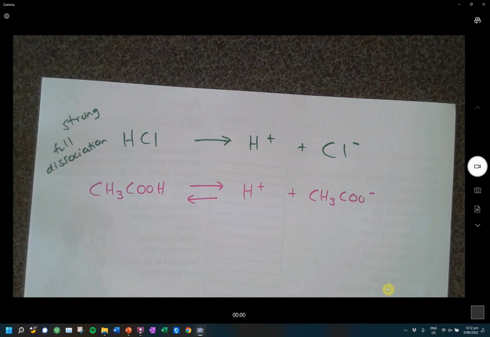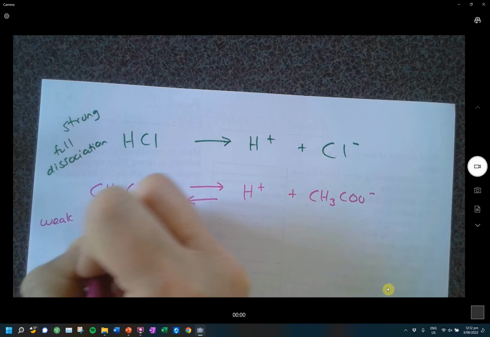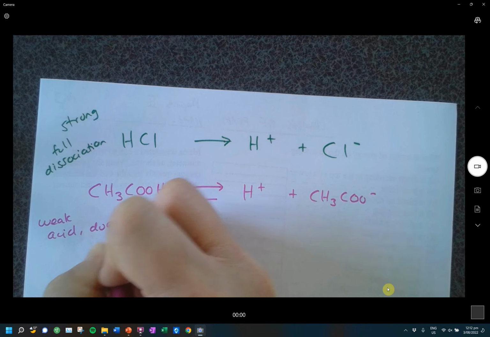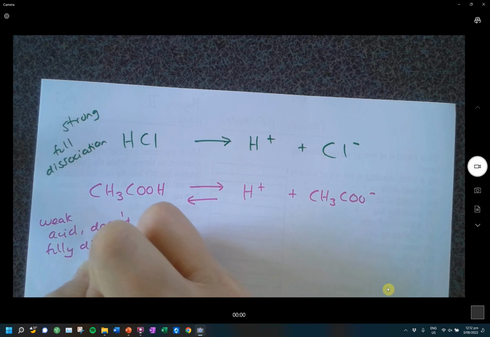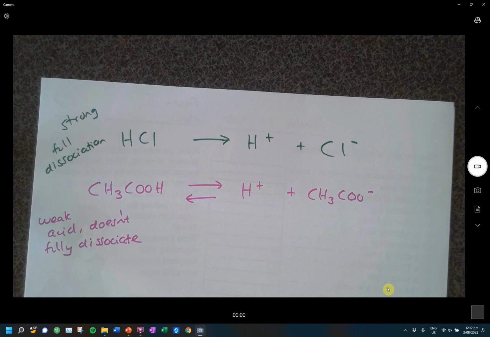So when it hits equilibrium, the forward and the reverse reaction are possible. But the thing to remember about this one is that this does not fully dissociate. So that doesn't fully dissociate.